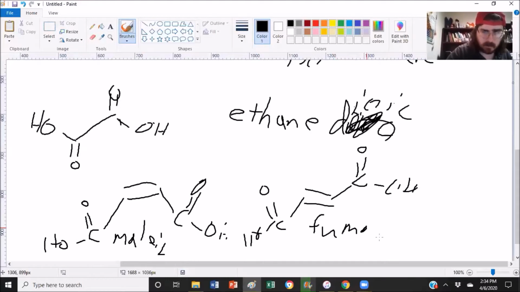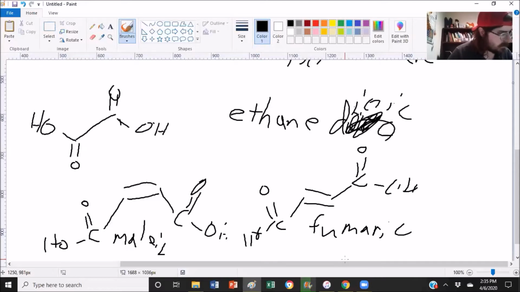As I said, I'm not going to call you on the names, but it's interesting enough I felt the need to bring it up. They have completely different properties, such that the cis one melts at 130, the trans one sublimes at 302, but doesn't melt before then. So completely different properties.